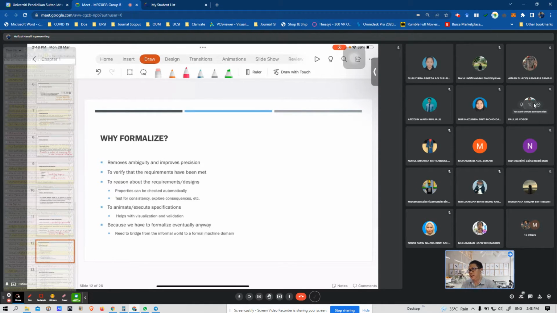Before this, in the slide before that, I explained to you what is formalization, and secondly, why we formalize the formal method. Why do we formalize formal method? Firstly, to remove the ambiguity and improve the precision of the system.